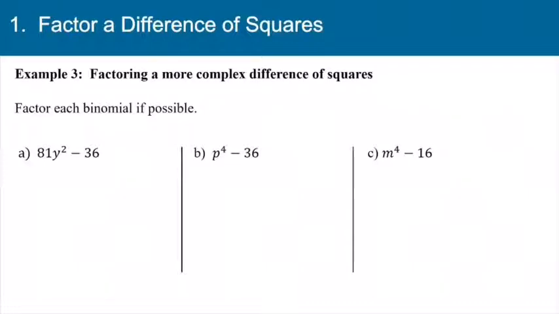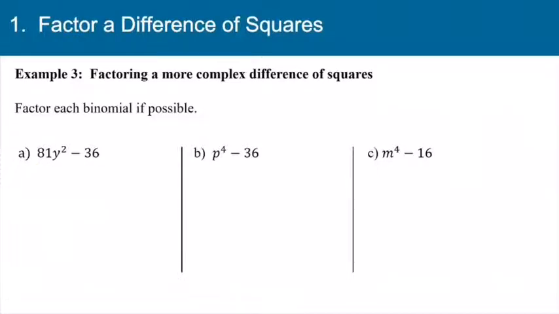Now here are a few difference of squares problems that are maybe a little more complicated than the last couple that we looked at. Let's take 81y squared minus 36. First, notice that we do have a GCF here. 81 and 36 can both be divided by 9. So the first thing we need to do is factor out the GCF 9.